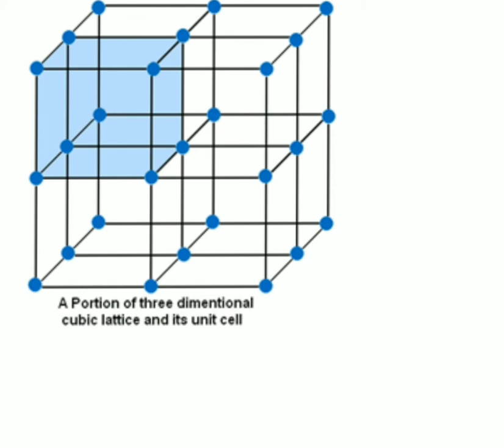This unit cell repeated in all directions generates the entire crystal. So we can say unit cell is the smallest portion of the crystal lattice, by repetition of which the whole crystal is formed.